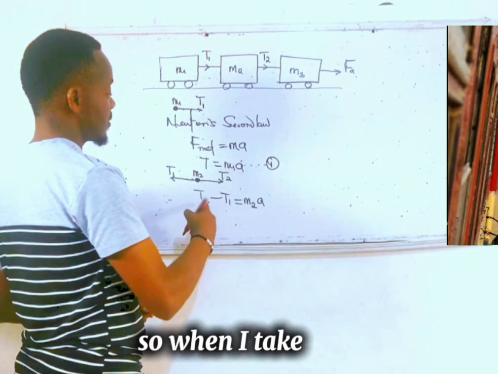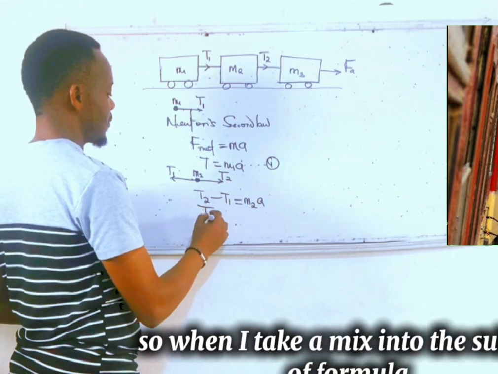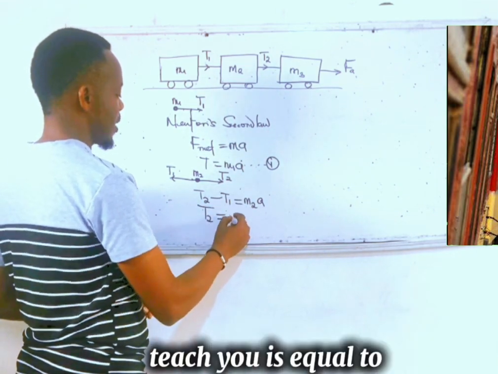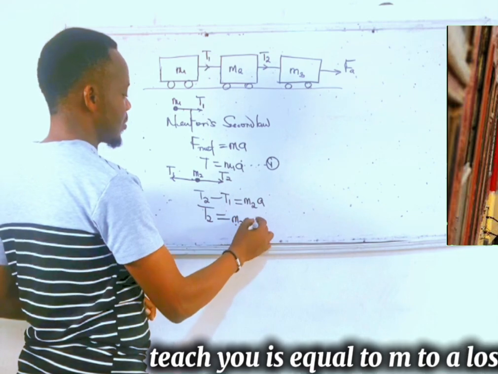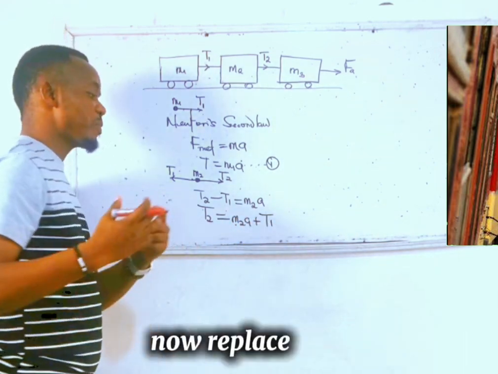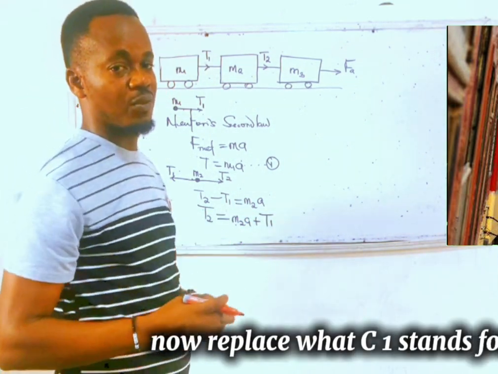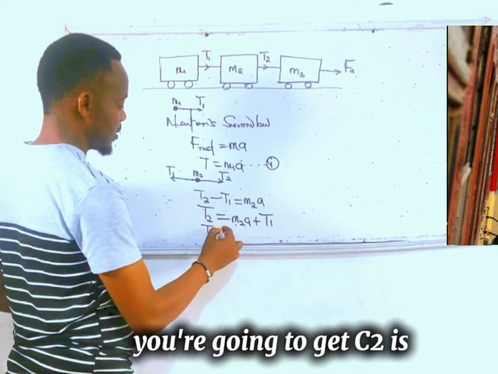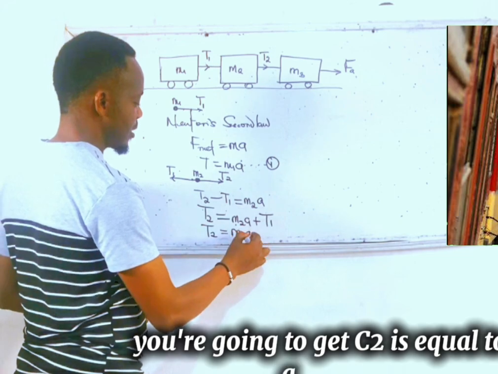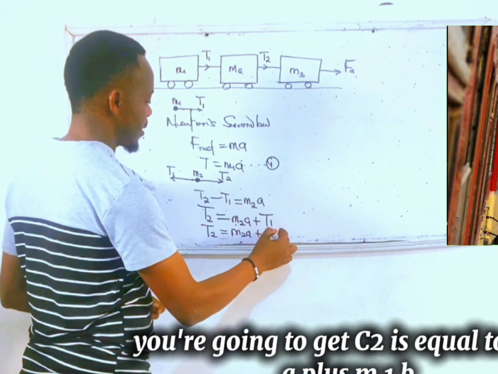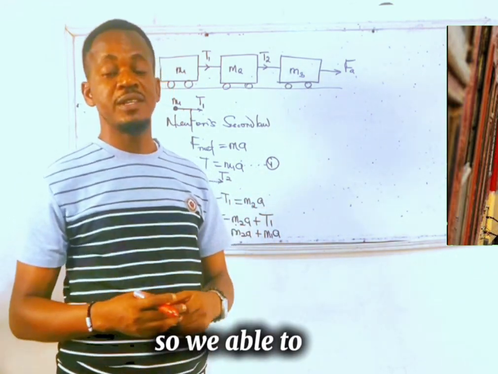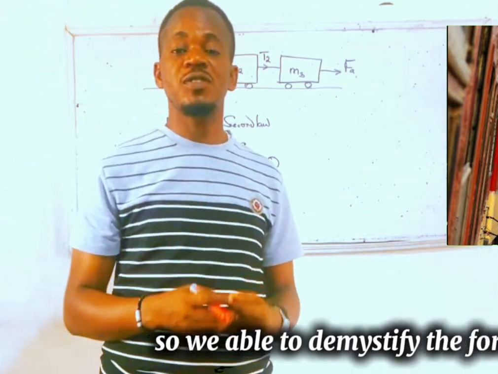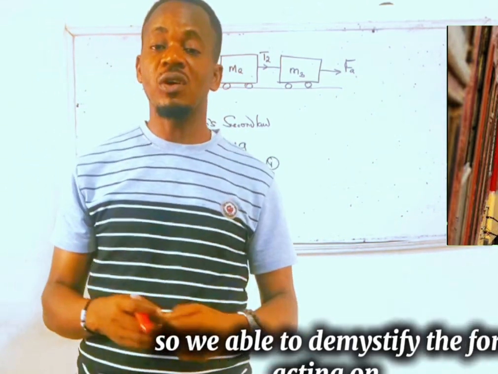For that, make T2 the subject of the formula: T2 is equal to M2A plus T1. Now replace T1 with what it stands for in equation 1. We get T2 is equal to M2A plus M1A. So we've been able to demystify the forces acting on M2.